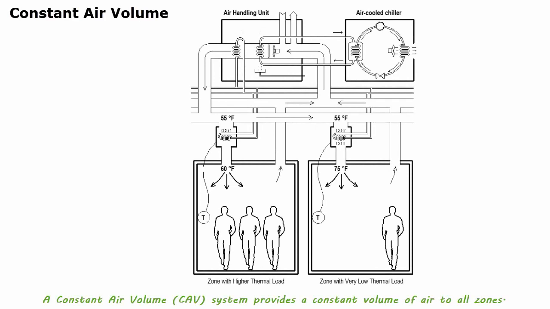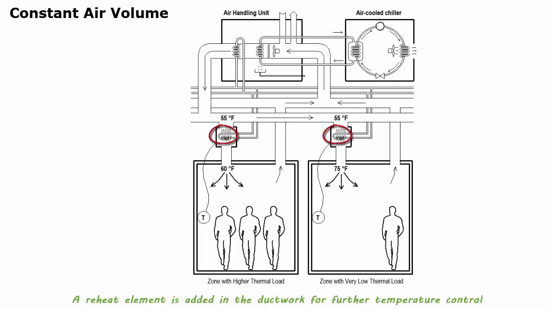A constant air volume system provides a constant volume of air to all zones. A reheat element is added in the ductwork for further temperature control at each individual zone. This allows for some spaces to have different supply air temperatures than others.